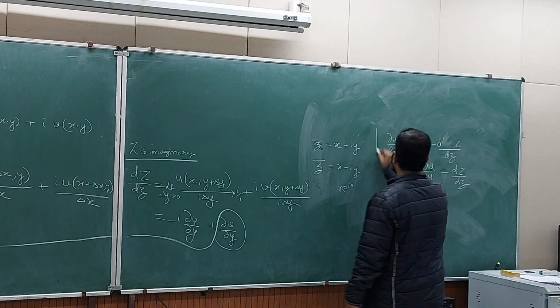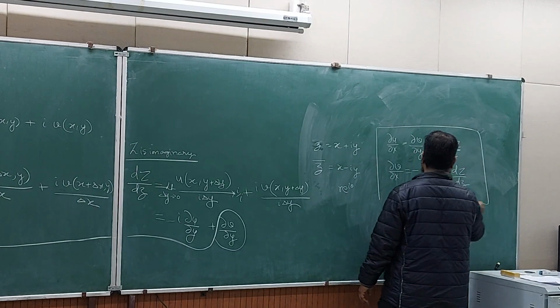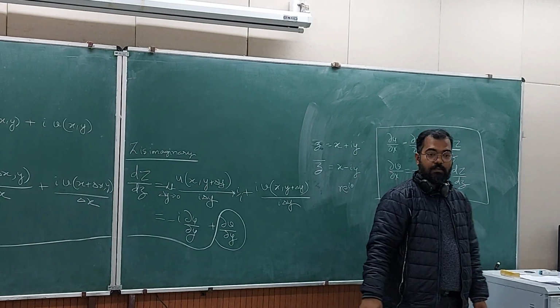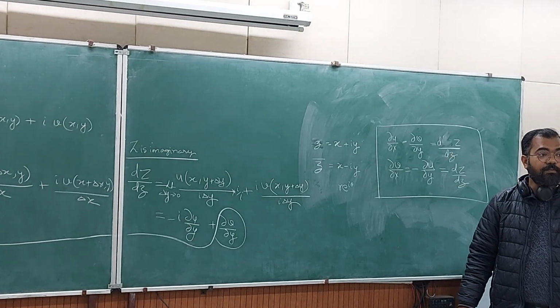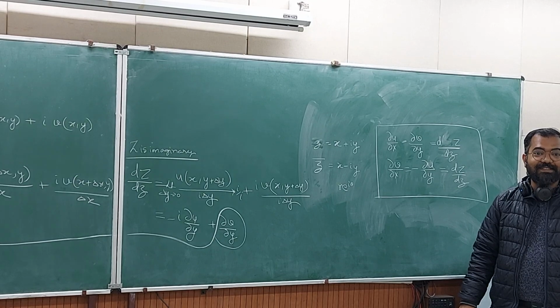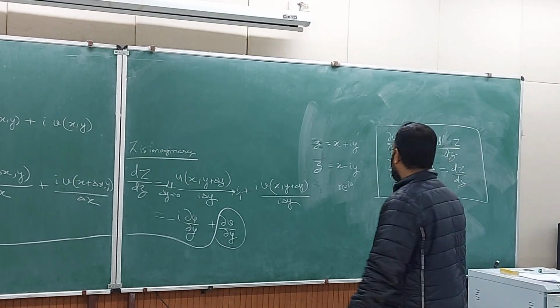Okay. So these are called what? This has a specific name. Cauchy-Riemann equation. Yes. Okay.